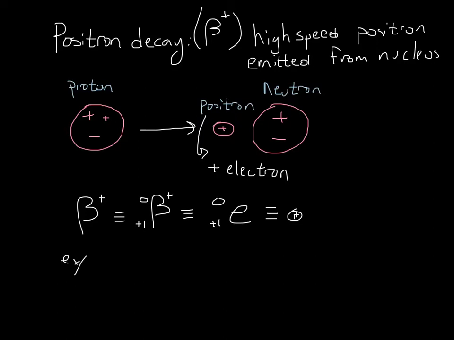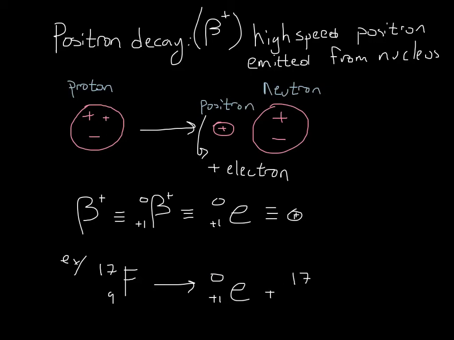So for example, let's look at fluorine 17. It has an atomic number of 9, and a number of nucleons of 17. If it undergoes a positron decay, so 0, plus 1, E, that means it is taking one of its protons and turning it into a neutron, which means the zero-sum game of nucleons.